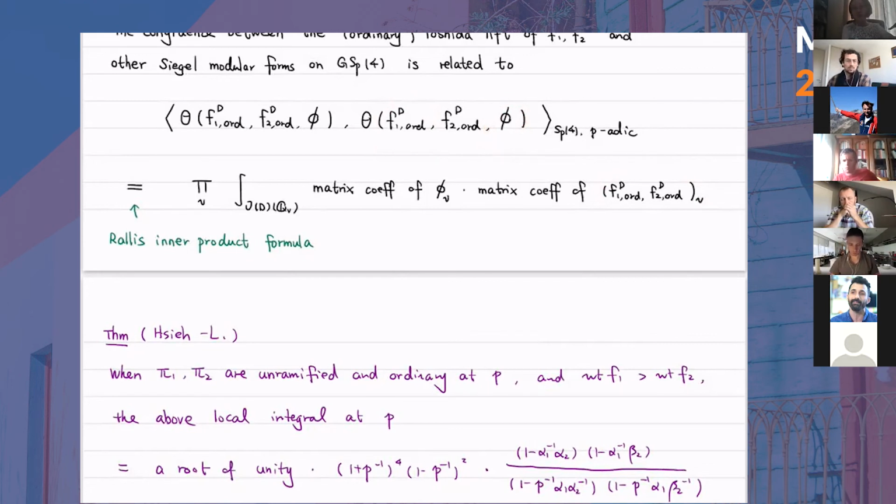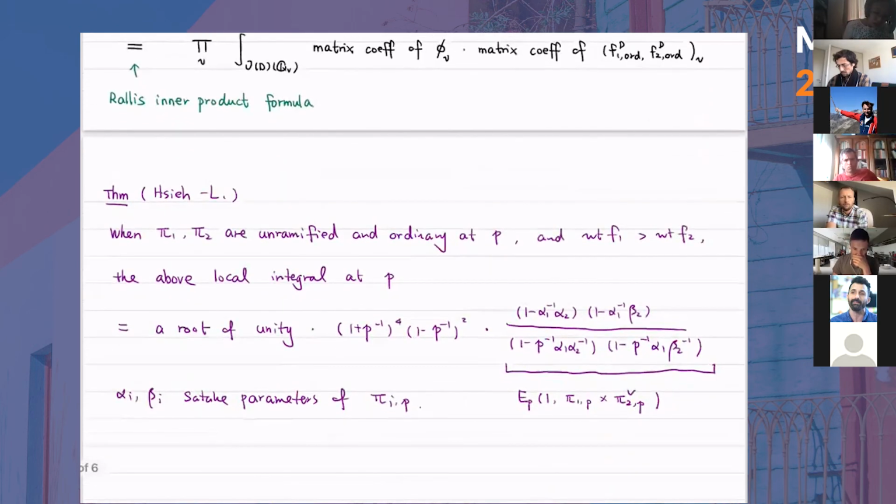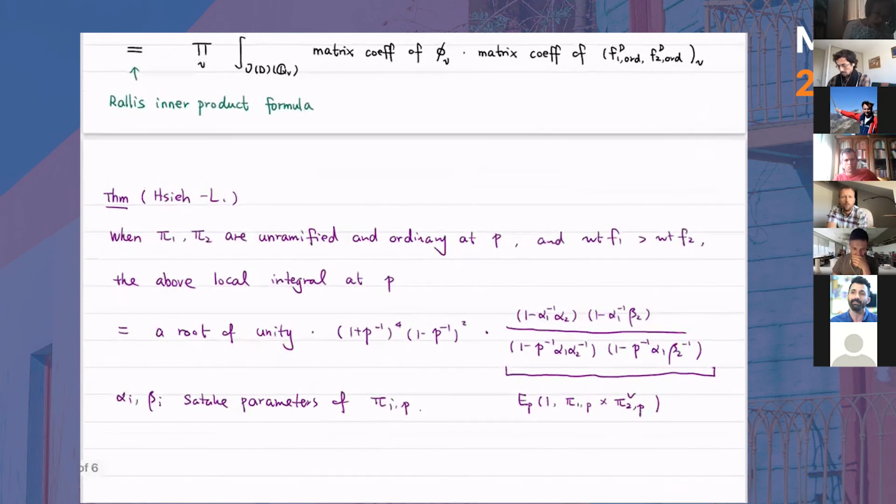Then the action on the symplectic group is not going to change the level of the orthogonal side. So then we use the matrix coefficient for the unramified sections to do the computation in this way. It simplifies the computation for this integral. And that's the main idea in this computation here.